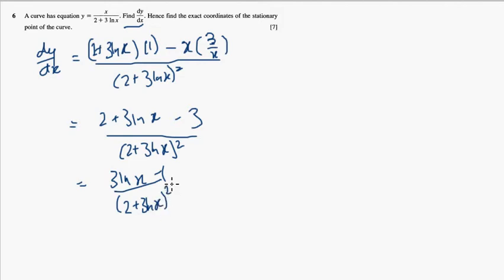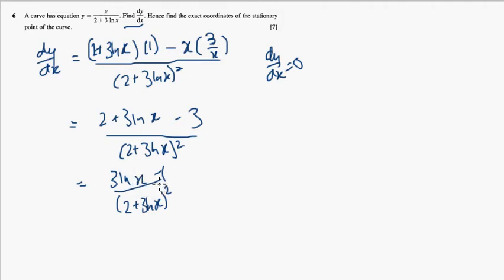Now, it's a good job you didn't bother expanding the denominator, because now we need to find the stationary points on the curve. For a stationary point, dy by dx equals 0. So if we're going to work out where this equals 0, we're not really interested in the denominator, unless the denominator is also 0 when the numerator is 0, in which case you've got some big problems.